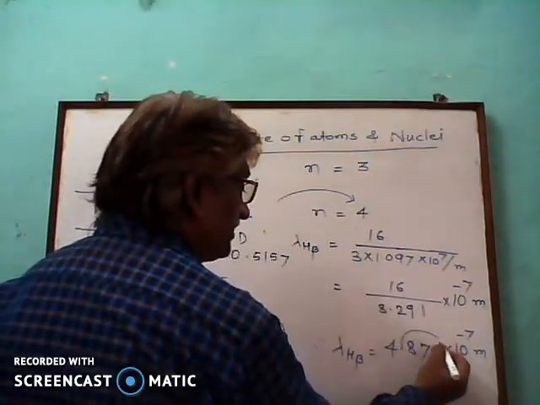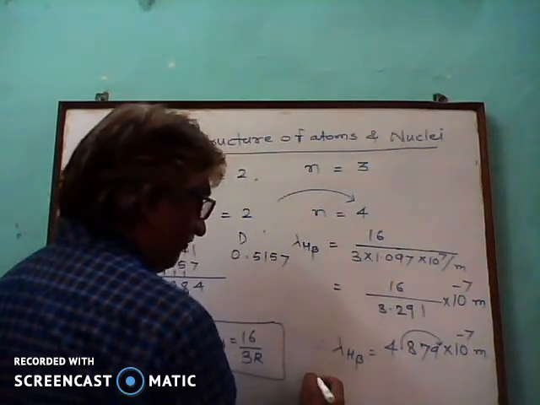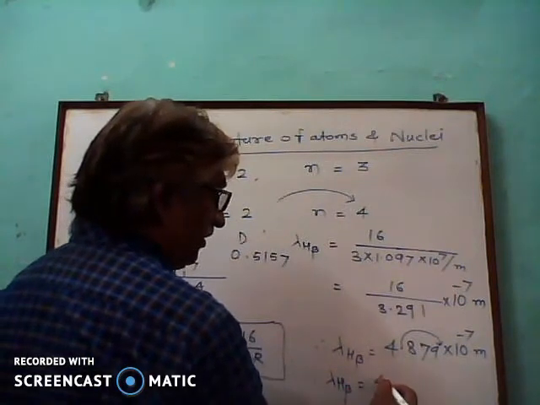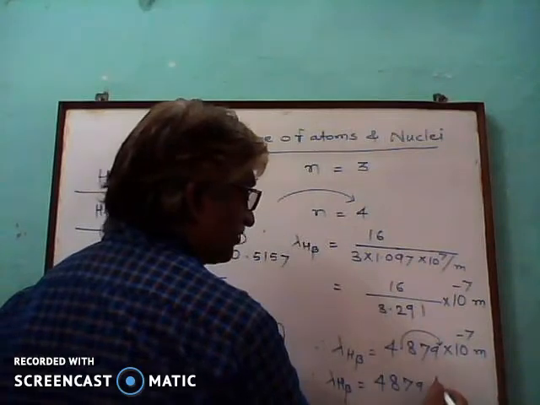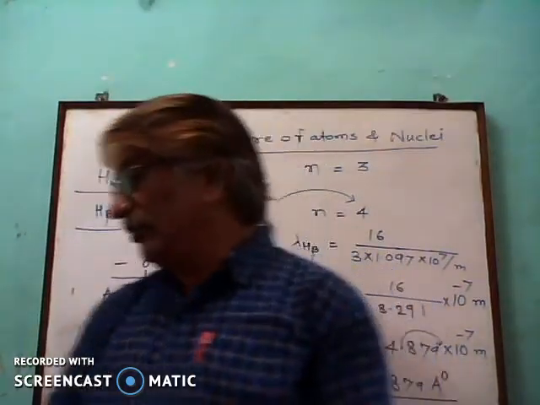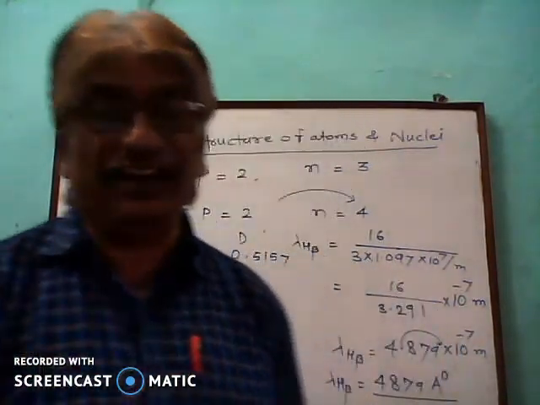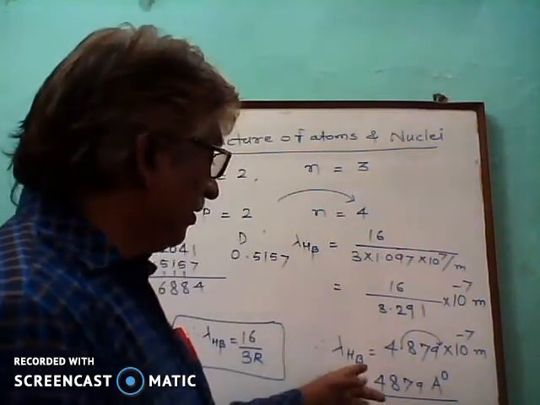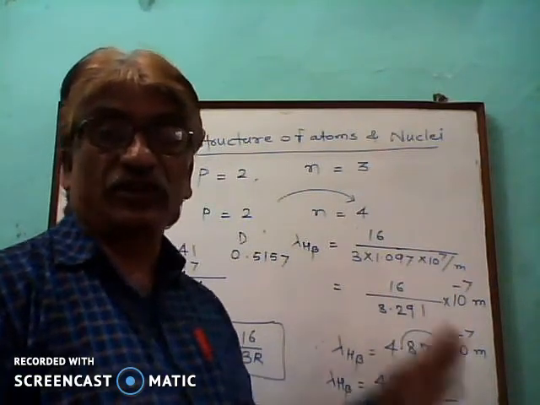If the decimal point is shifted 1, 2, 3, then the wavelength of the H beta line will be 4879 angstrom units. Hence, the longest wavelength is 6588, and the second line of the Balmer series has a wavelength of 4879 angstrom units.